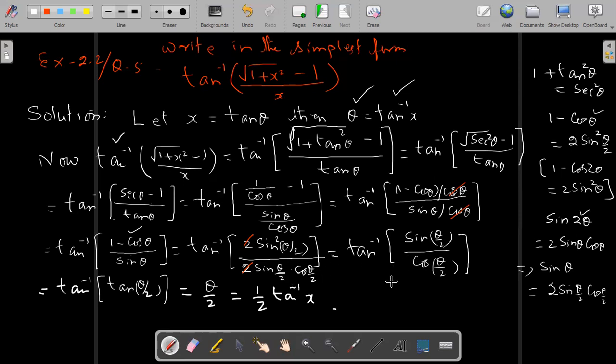So our answer, converted into the simplest form: tan inverse of root of 1 plus x square minus 1 by x is equal to 1 by 2 tan inverse x.